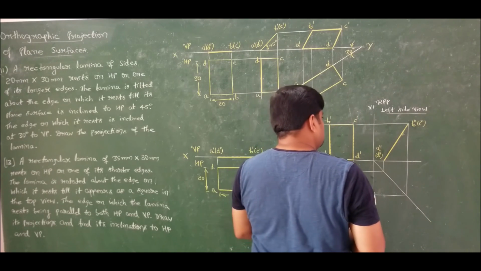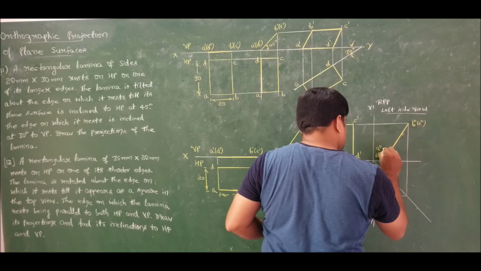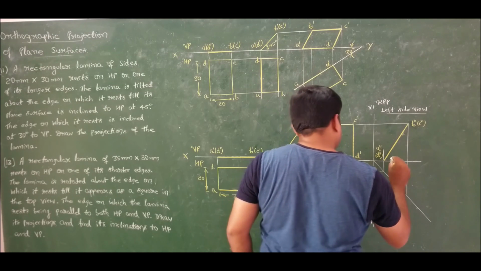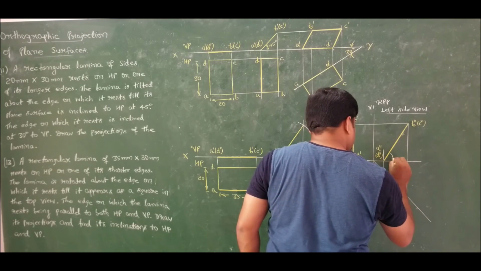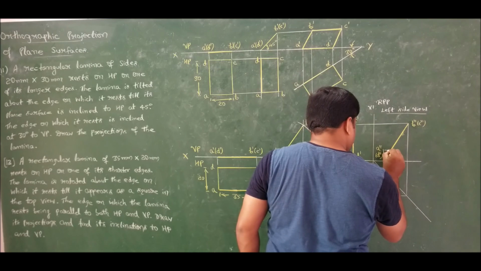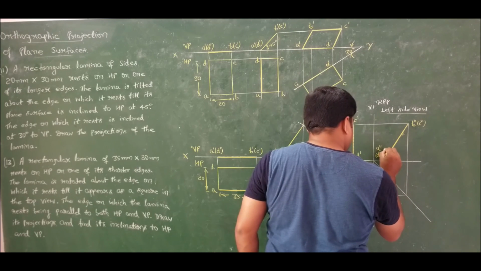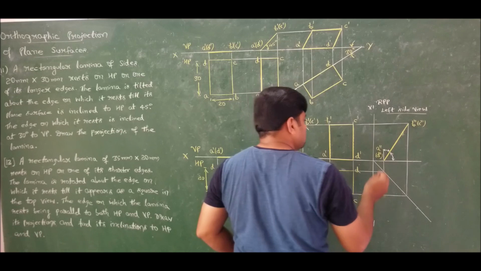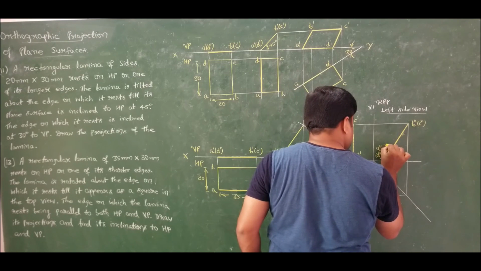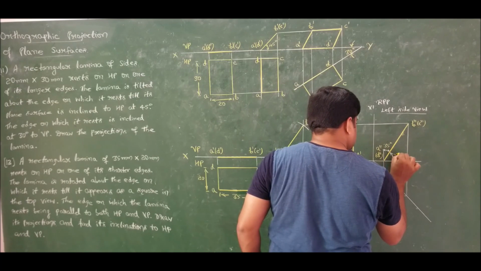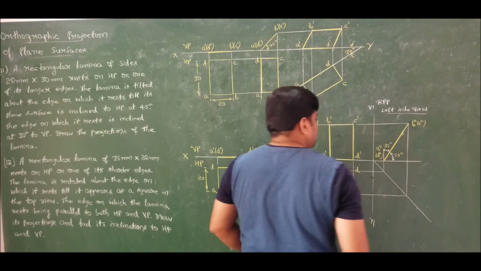Done. Now if you measure with HP, it is already calculated, so with VP it should be 35. Here it is 55 degrees.